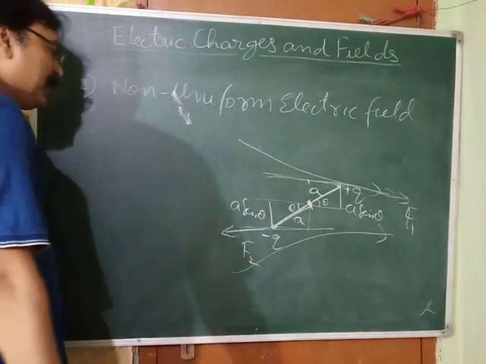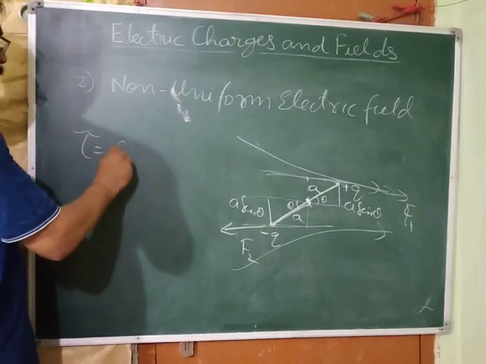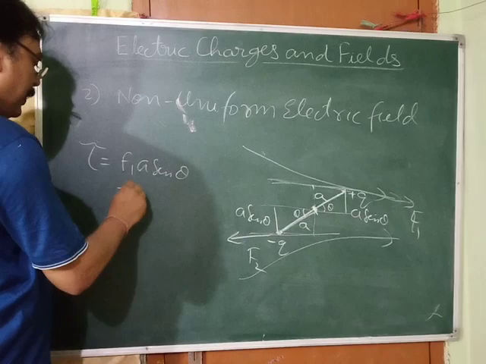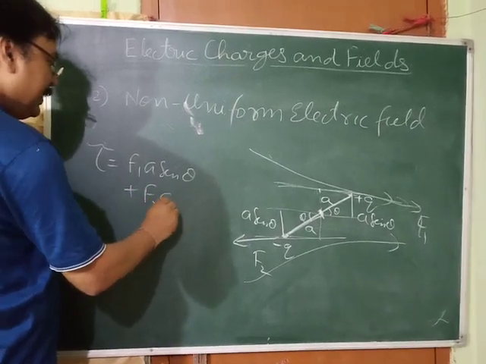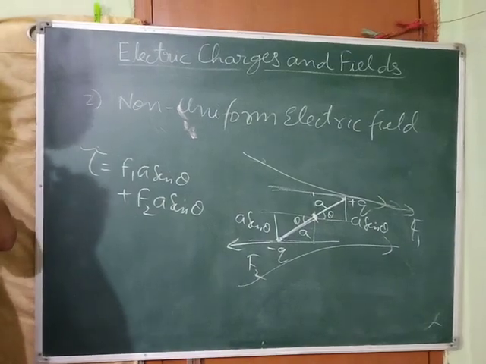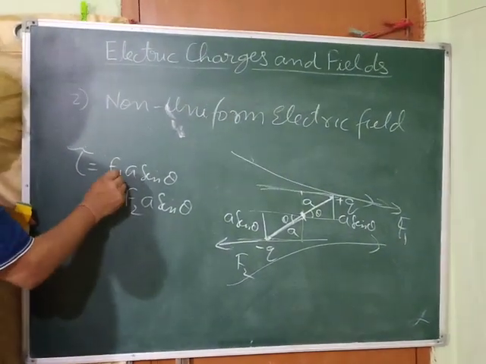So what can we write? We can get the torque. Tau is equal to F1 A sin theta plus F2 A sin theta. That's what we'll get. Now see here. What is F1?